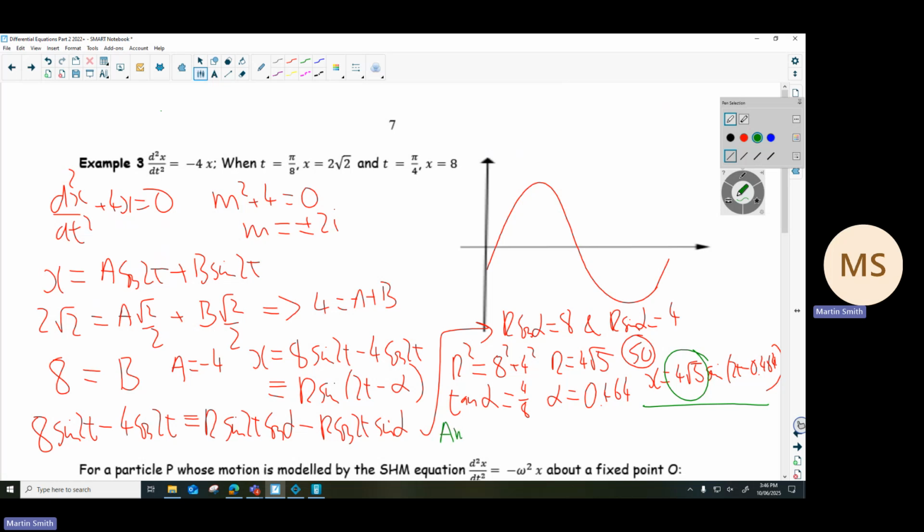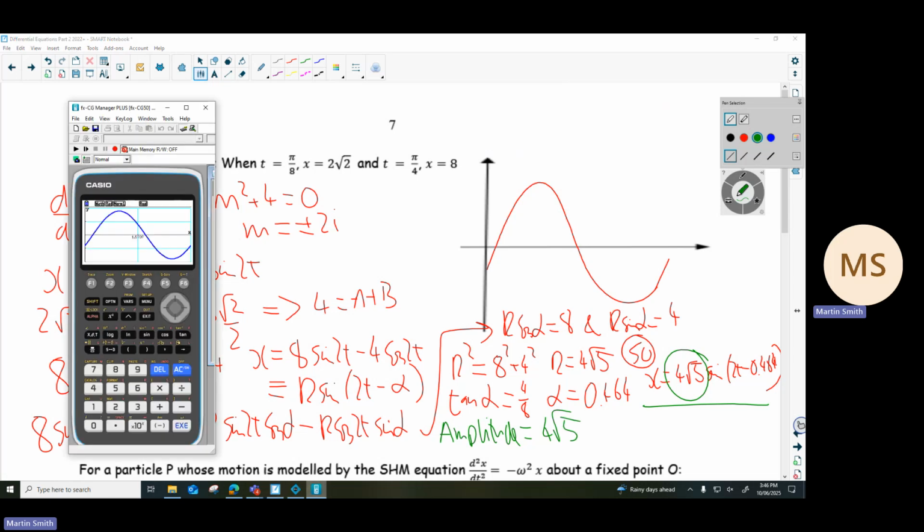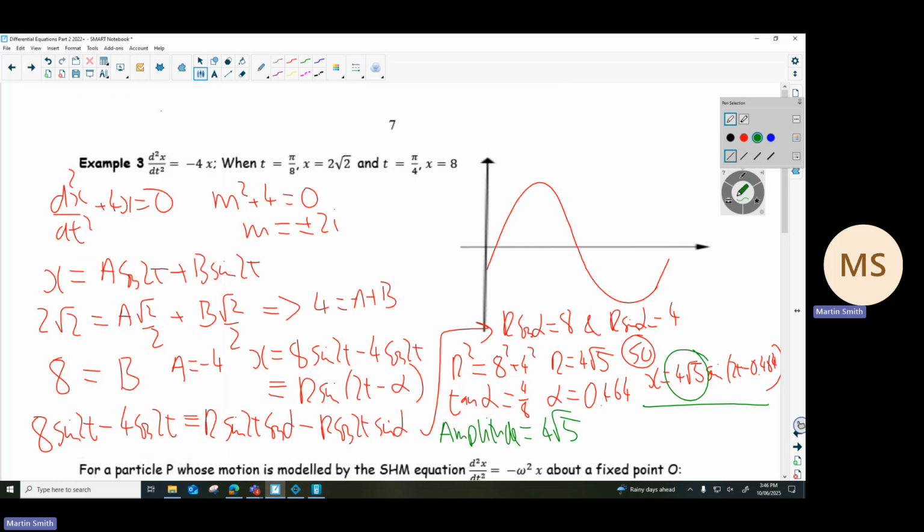So its exact amplitude is 4 root 5. Your calculator, if you ask it to find the maximum value, will give you 8.94, but that's what 4 root 5 is. The time period we can also deduce as well.